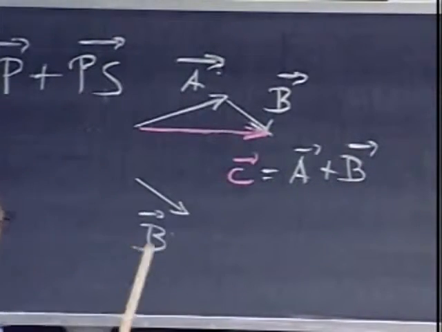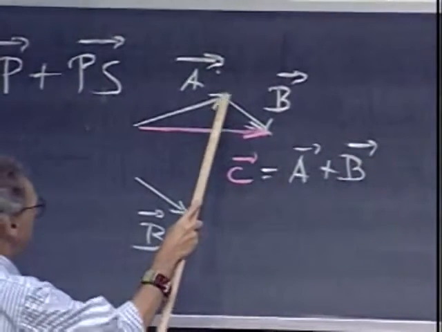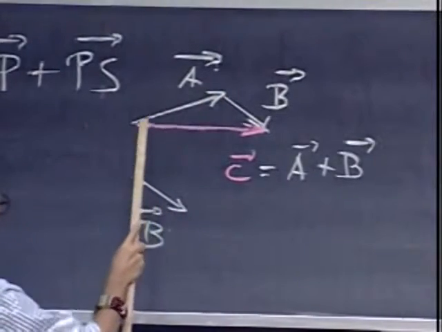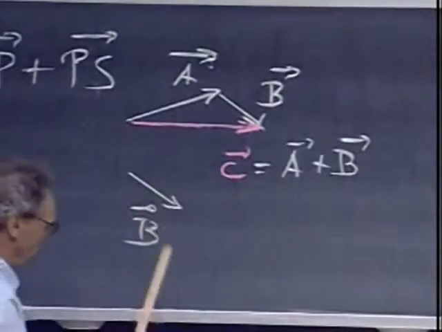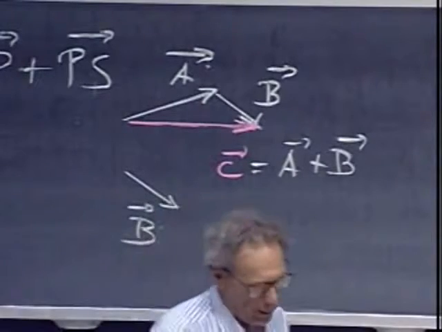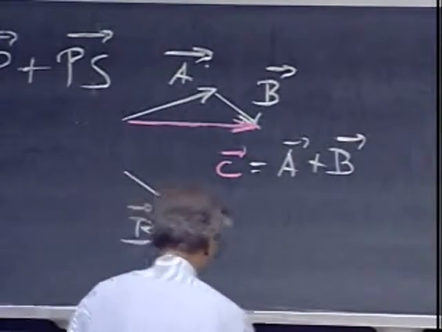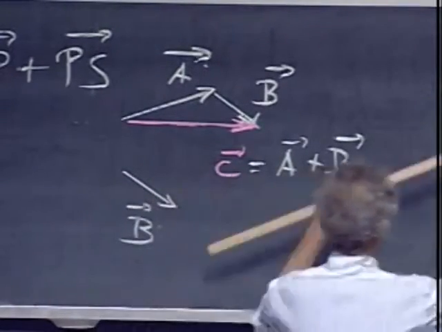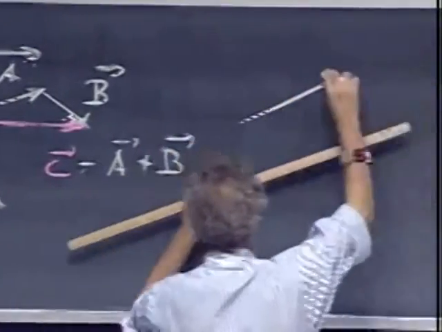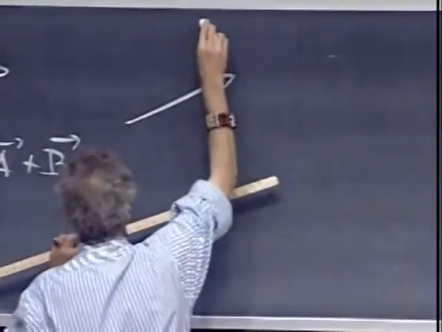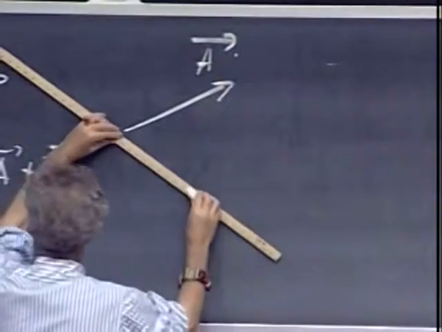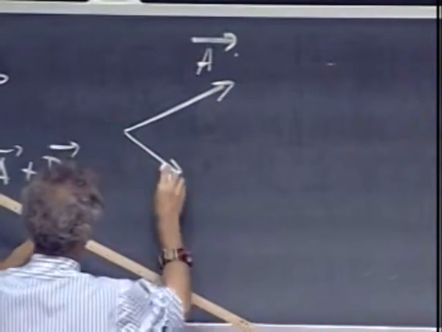It doesn't matter whether you take the tail of B to the head of A, or whether you take the tail of A and bring it to the head of B. You will get the same result. There's another way you can do it, and I call that the parallelogram method. Here you have A. You bring the two tails together. So here is B now.